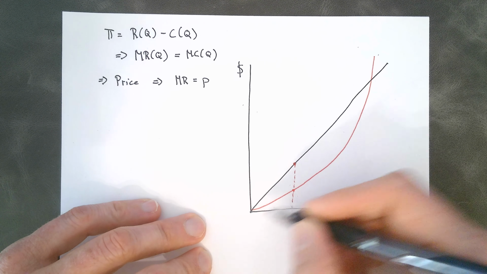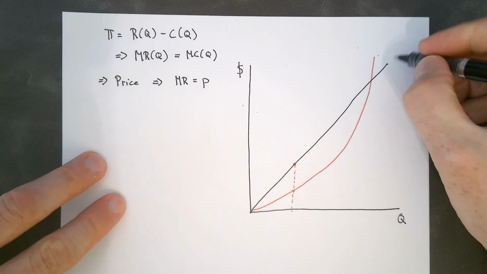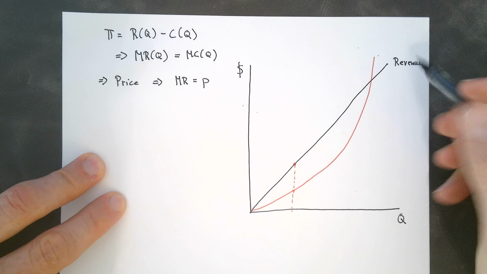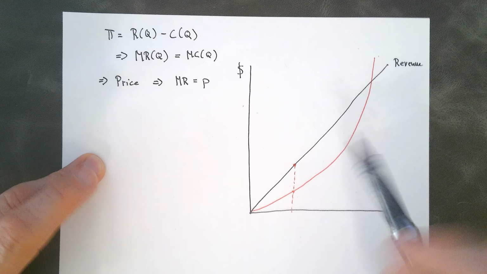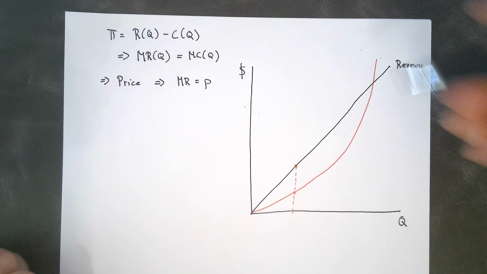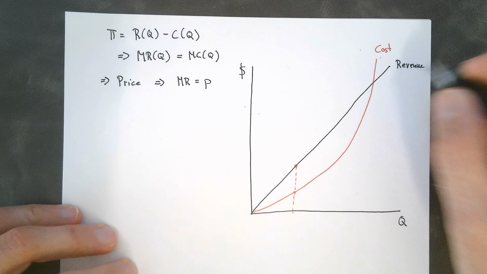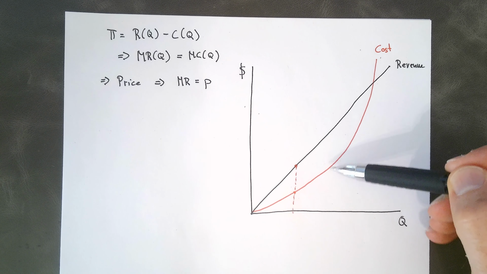Let me write this down. We have the revenue, and the slope of this line is the marginal revenue. And then we also have the cost, and the slope of this line is the marginal cost. So now the question is, at which point is the distance between the revenue and the cost the largest?